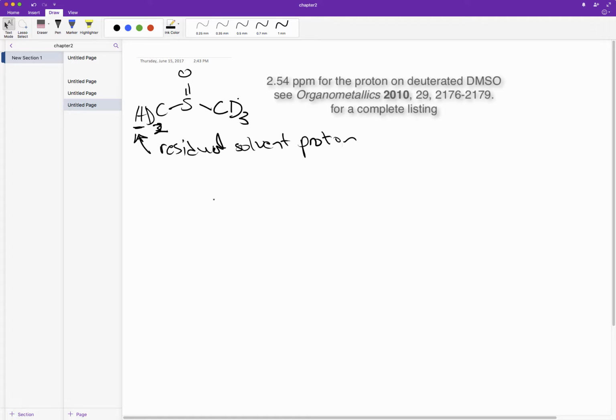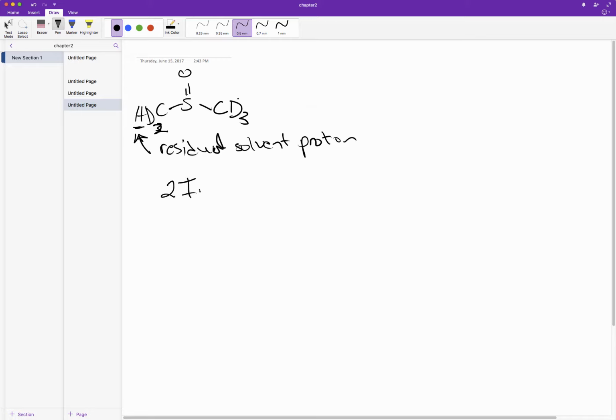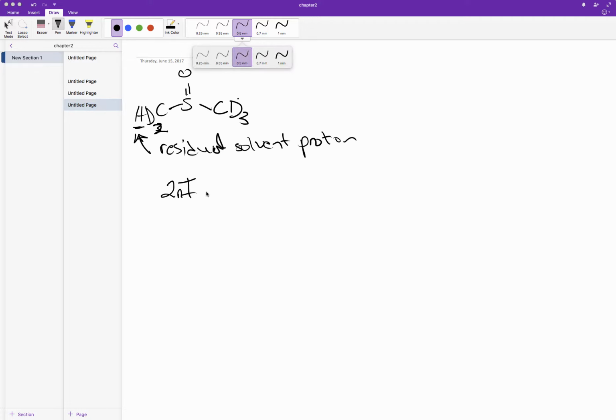But if you just want to figure out what the multiplicity of your residual solvent proton should be, you can use that same formula, 2NI plus 1.